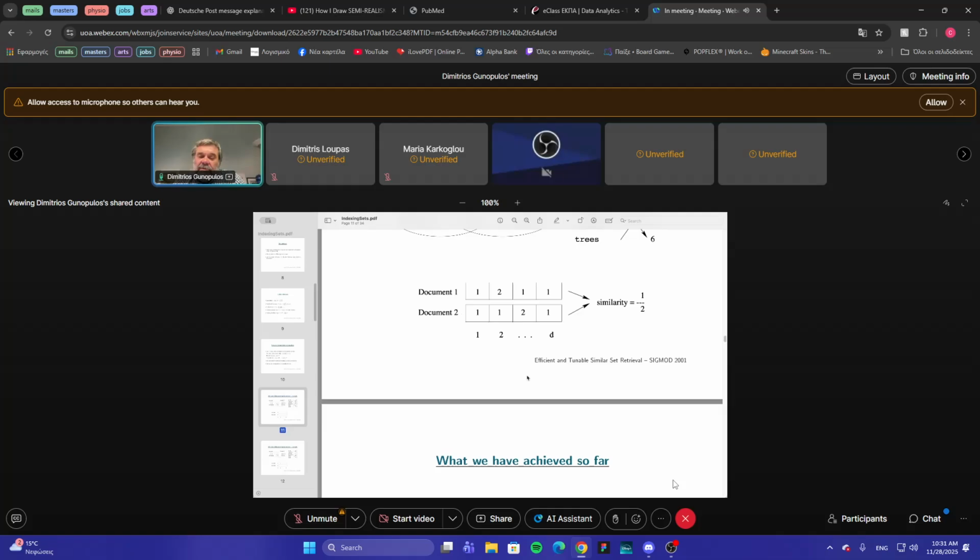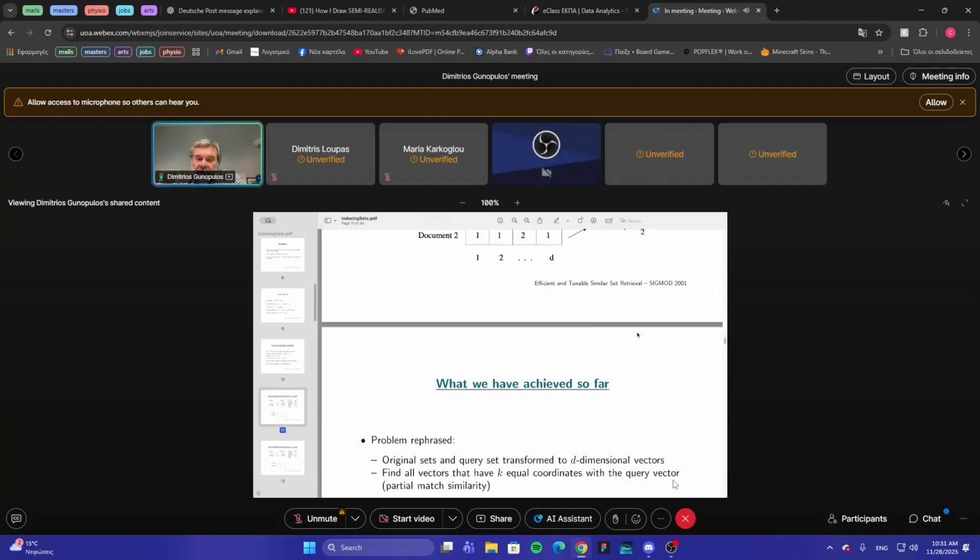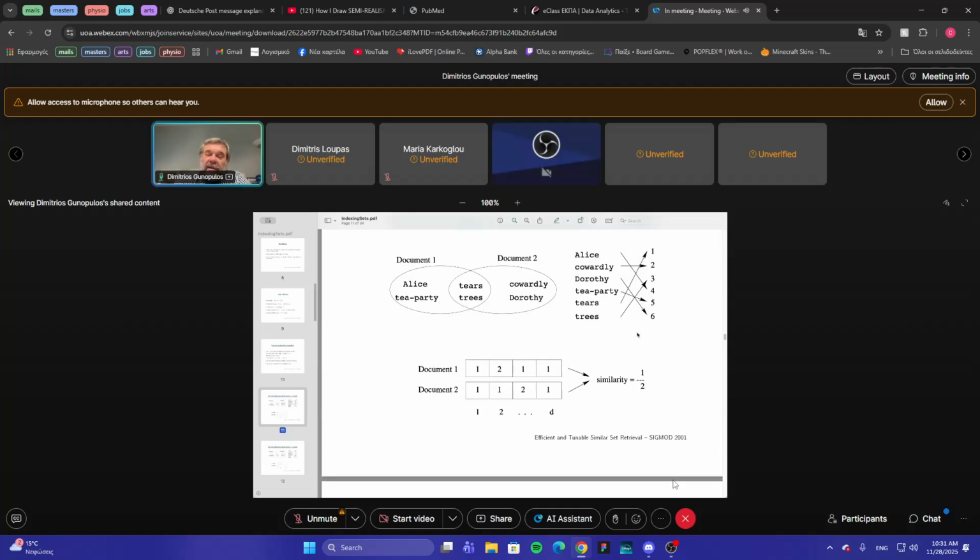So what have we achieved? What we have achieved is that instead of having sets, we now have vectors. So instead of having these long sets here, we just have this kind of vectors for each document. And these original documents could be hundreds of thousands long, right?